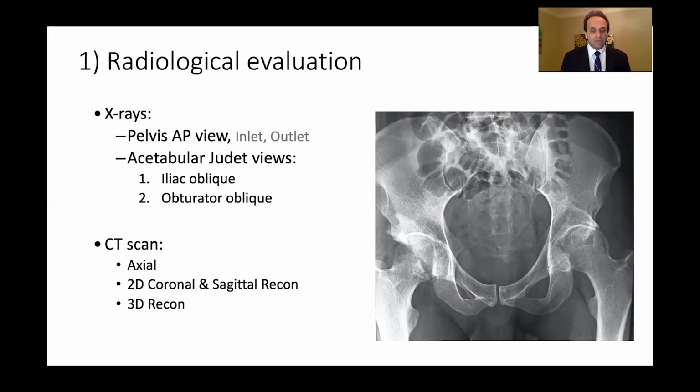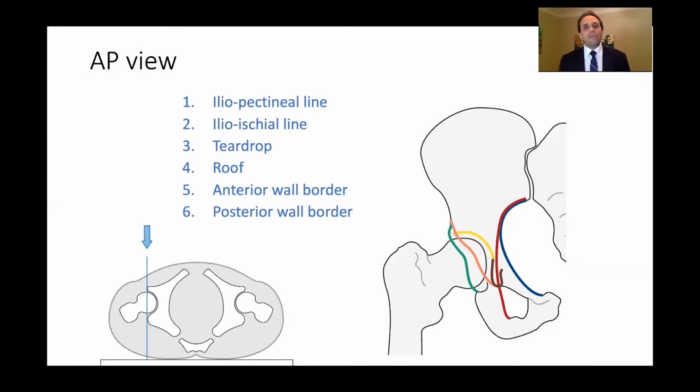And in acetabular fractures, we need a CT scan, most of the time a multi-slice CT, taking acetabular cuts, which are usually thin cuts, and we need to examine carefully the axial cuts, the 2D coronal and sagittal reconstruction cuts, and the 3D reconstruction.